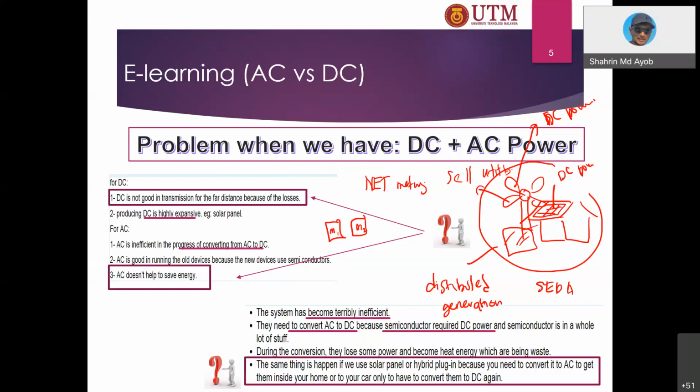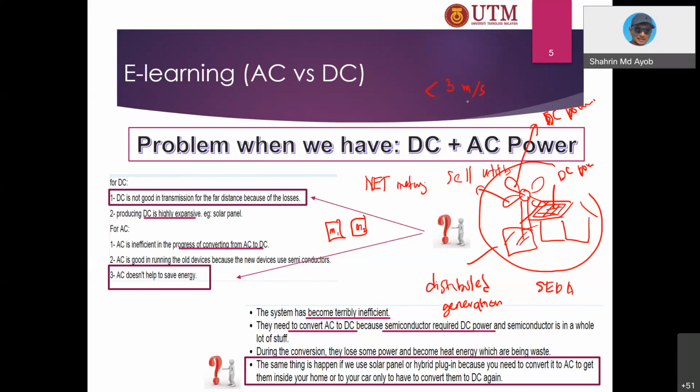Because actually in Malaysia, the wind turbine is not very appropriate because the wind velocity is lower than the standard velocity to generate electricity. To generate electricity, you need the wind to be larger than 3 meters per second.